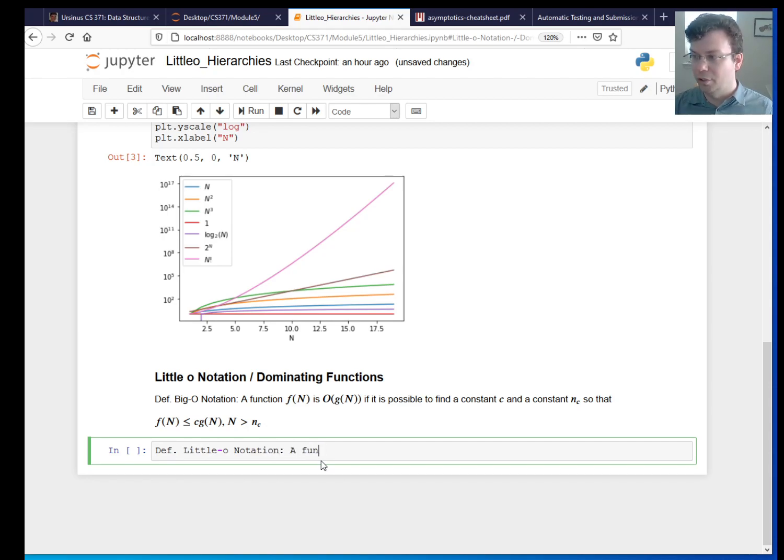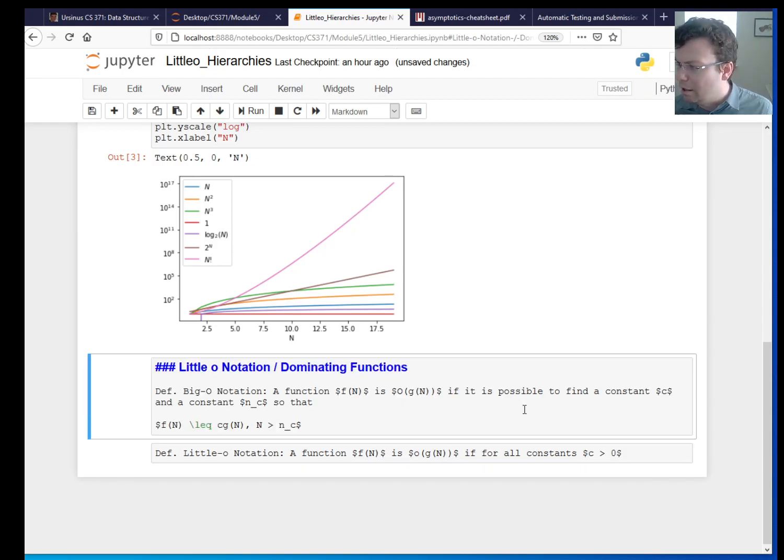So we say a function, and this isn't in the book. But again, the book reviews some stuff from 174, so we're able to go beyond it, and I think this is very important. So we say a function f of n is little o of the function g of n if for all constants c greater than 0.